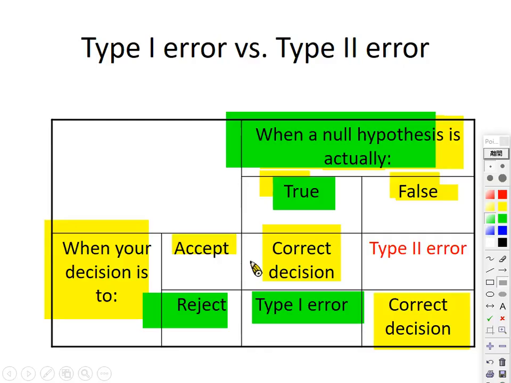On the other side, if the null hypothesis is actually false, however you falsely accept it, you have committed type 2 error. Type 1 and type 2 errors are very important. Why? Because they describe the possibility of our error of judgment. And also, they often appear in scholarly papers.